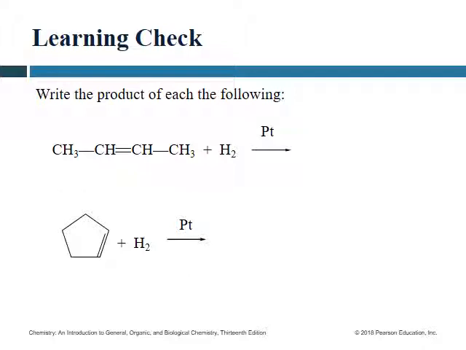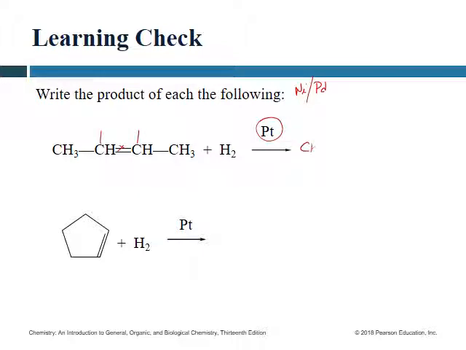You should be able to recognize whenever you see a metallic catalyst, it could be platinum, nickel or palladium, any of these catalysts, and hydrogen gas being added, it means this is an example of hydrogenation reaction. What would happen? This double bond will break and it will have 1 hydrogen being added to each of these carbons.